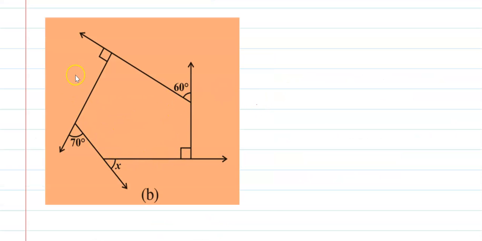The same thing is also here. The sum of the measures of exterior angles is 360, with 60, 90, 70, and x, as this is a linear pair. This is the 90 degree, therefore this must also be 90 degree.